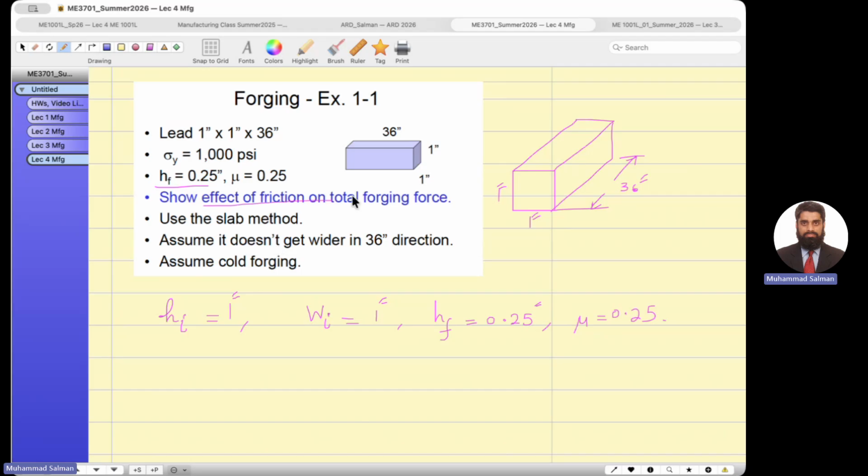Show the effect of friction on the total forging force. Total force.